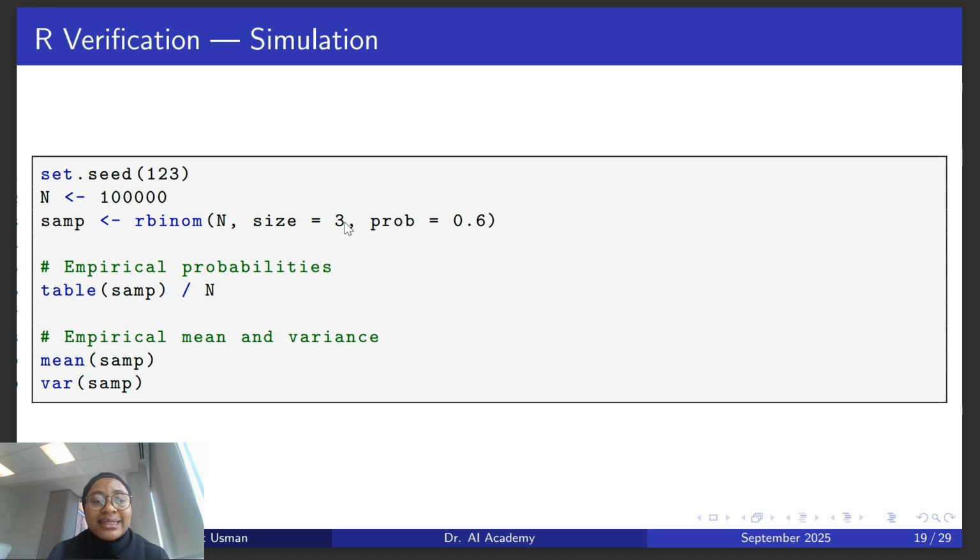So the size here is 3, because this is how the argument works in R. We use this generator to indicate that it's coming from a binomial distribution, and we also indicate the probability of success. And we can do some empirical probability using the function table, and we can compare the mean and the variance.